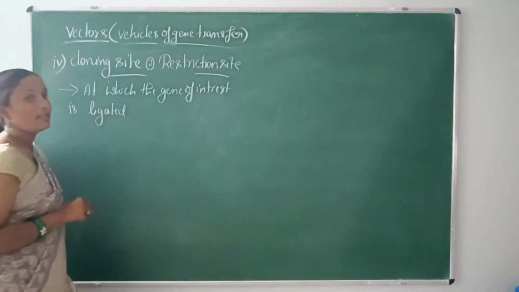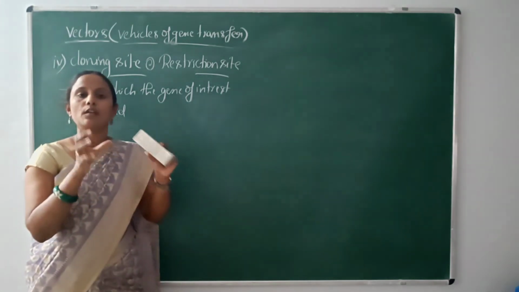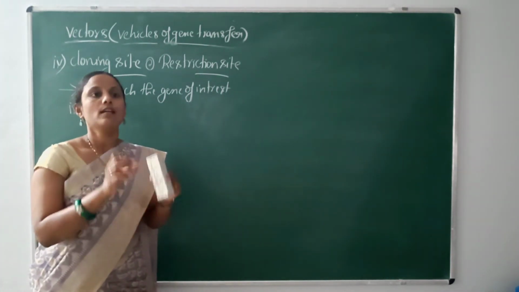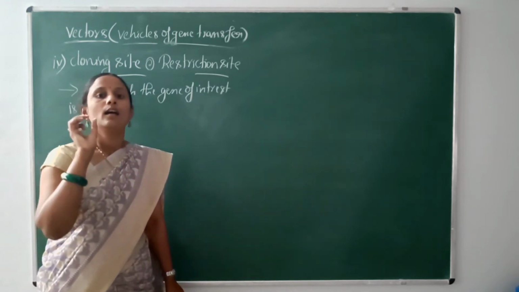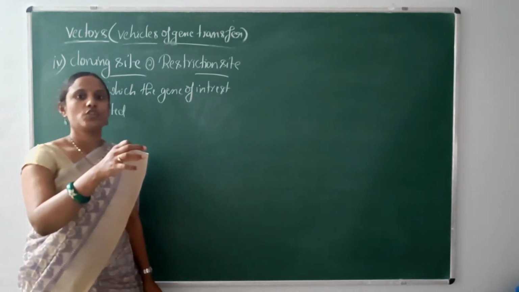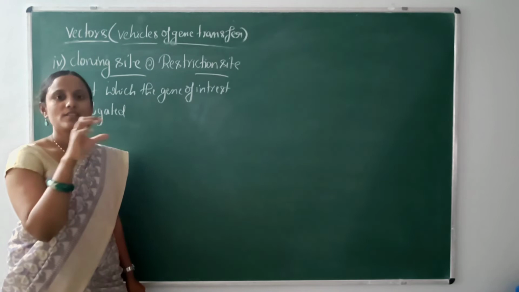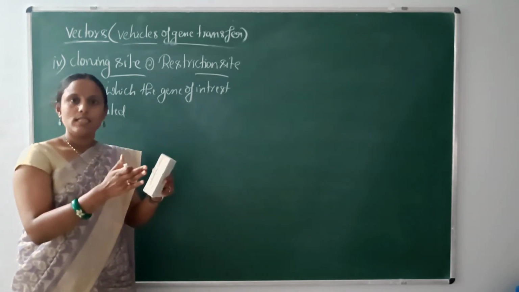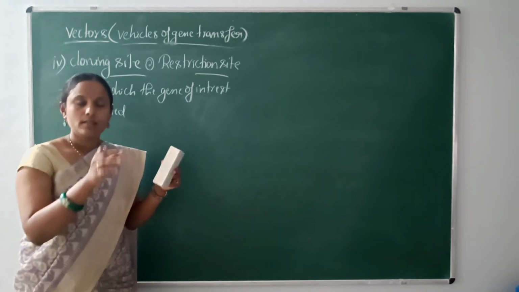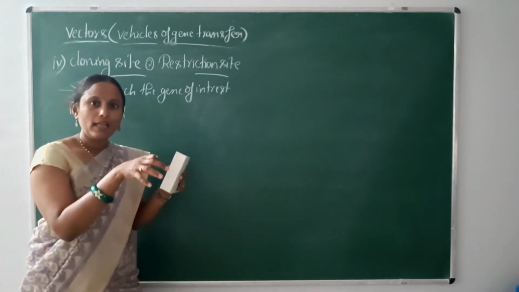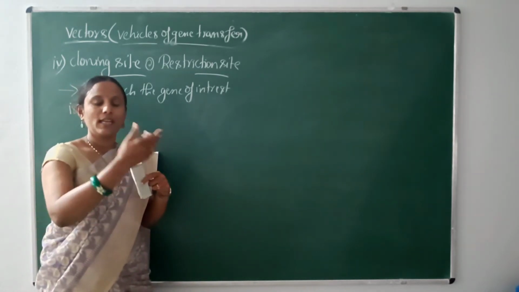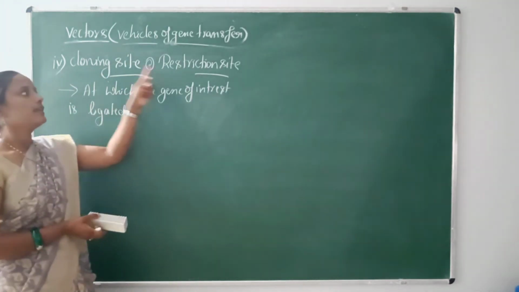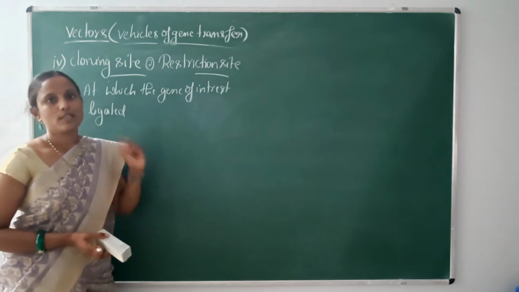So on a vector, there should be a restriction site. A restriction site is a place at which the commonly used restriction enzyme can come and cut. Once the DNA is cut into fragments, then at that place we can attach or ligate the gene of our interest. So for that, there is a requirement of a restriction site.